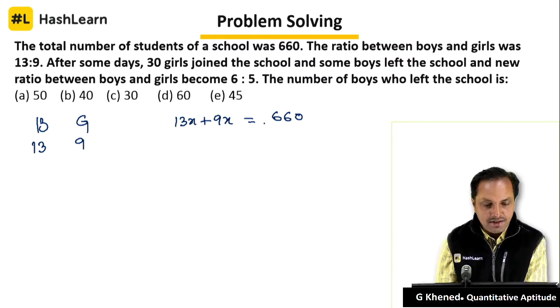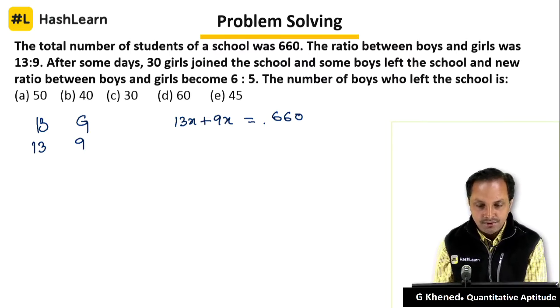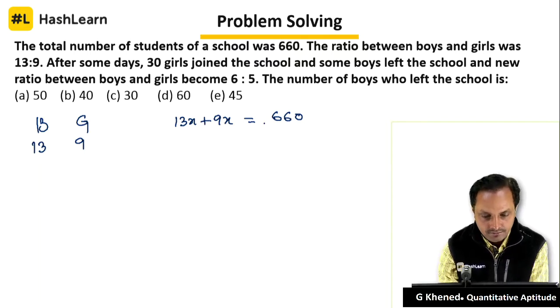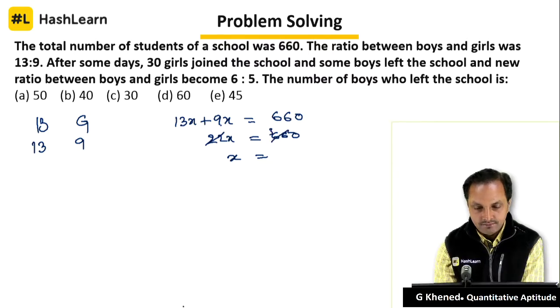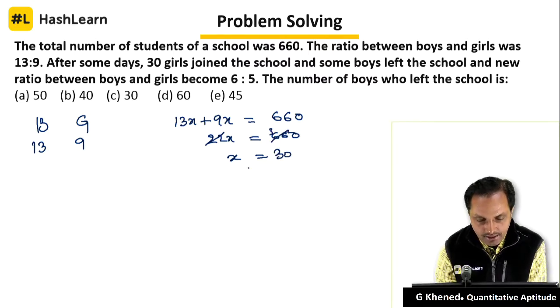Okay. After some days, 30 girls joined the school. What does this give you? 13 plus 9 will be 22. 22x is equal to 660. Therefore, x will be 30.